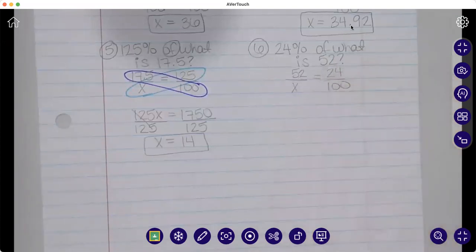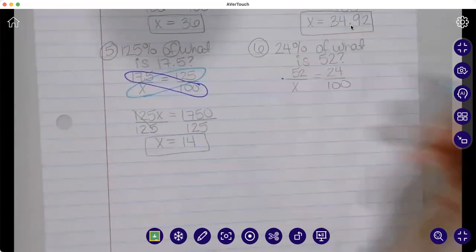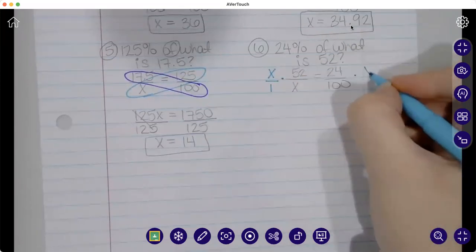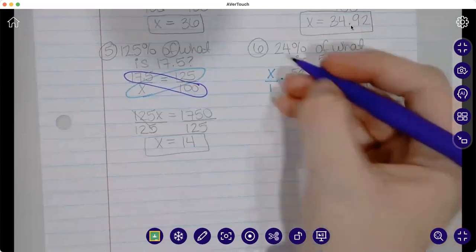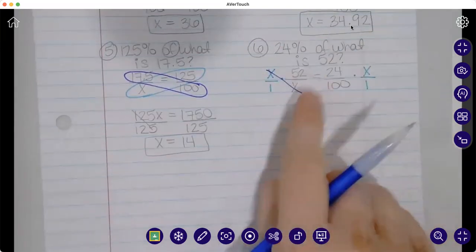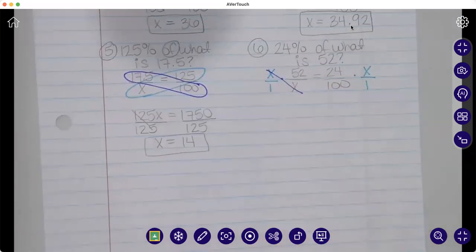So we're going to multiply by the reciprocal on this one. Now, this one is a great one to show multiplying by the reciprocal because this one is where the variable is in the denominator. So when I multiply, I'm actually going to have to multiply by x over 1 on this example, which is a good reminder that when you have a variable in the denominator, this is the method we want to follow.